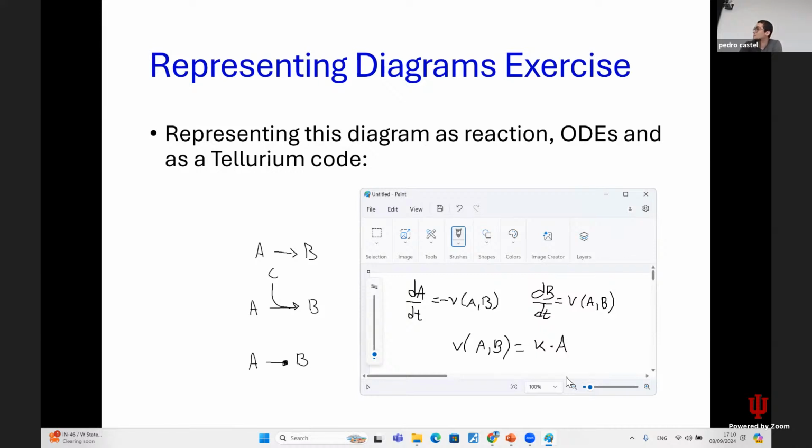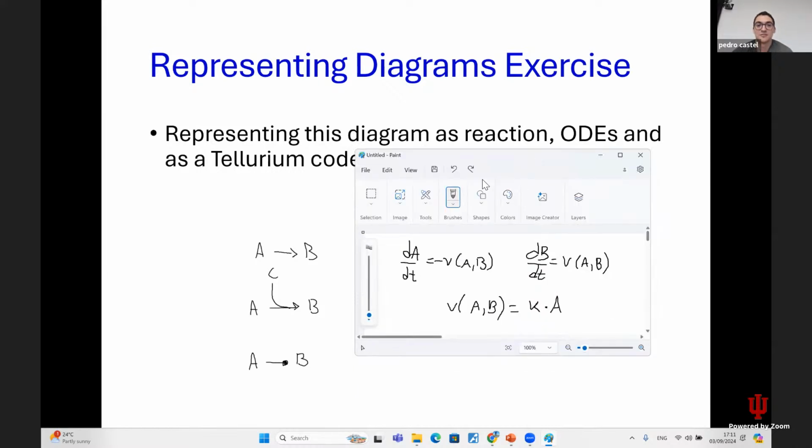A is not reacting with B. B is just a product of A. A is the only reactant. Make sense? Good. Yeah, so he had this before, so incorrect. It's just K times A. Perfect. So good. That one was fine.